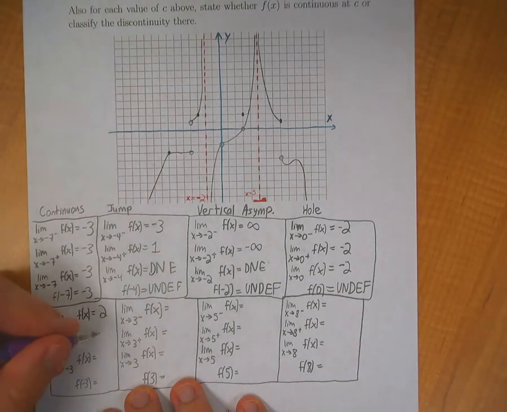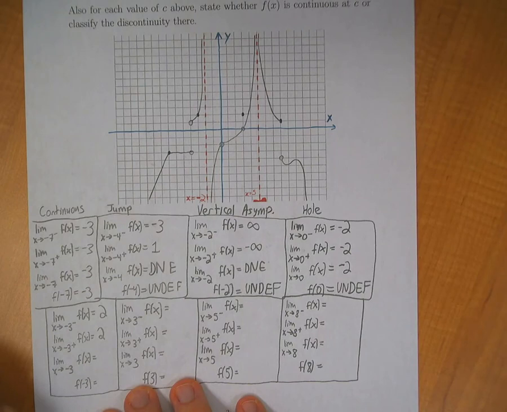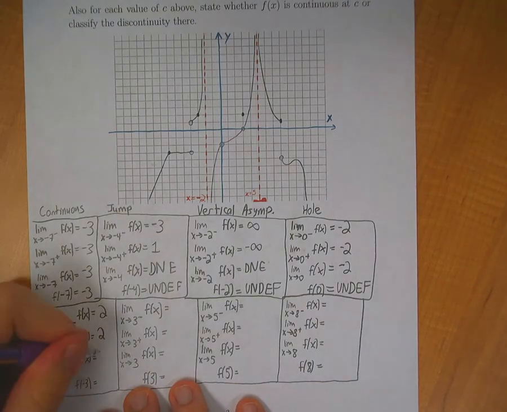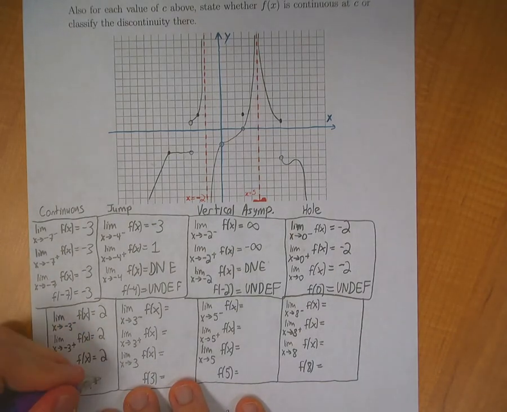And then the two-sided limit? 2. And function value? It'd be 2, right?